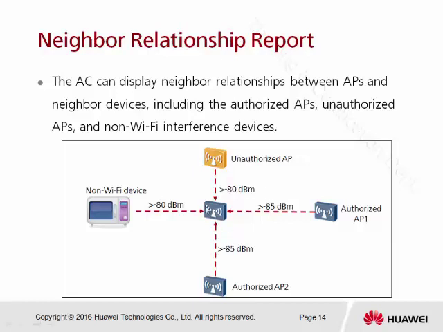It sends probe requests to detect all the wireless devices here. It can check every single device, whether or not it is a Wi-Fi device. It checks not only the access device, but can also tell the current signal strength between your AP and the non-Wi-Fi device or the AP. So it can get all this information.